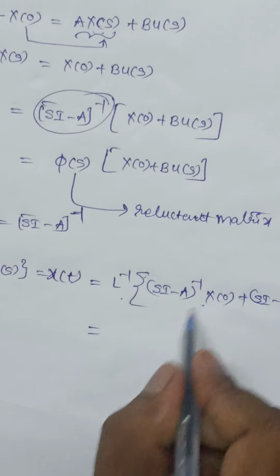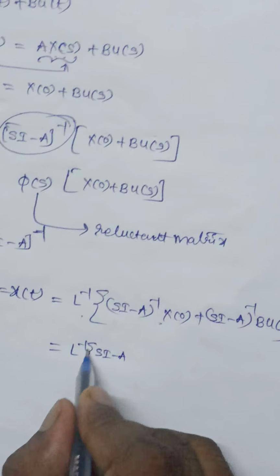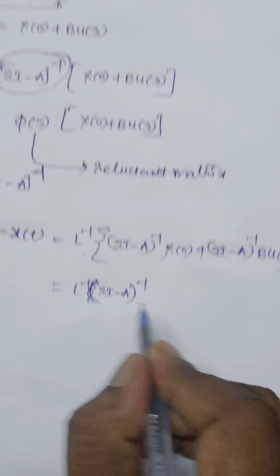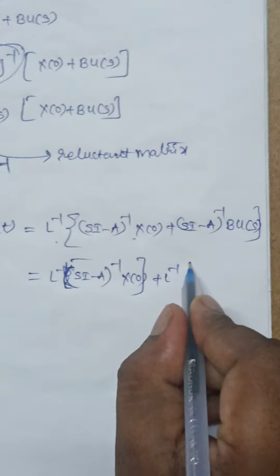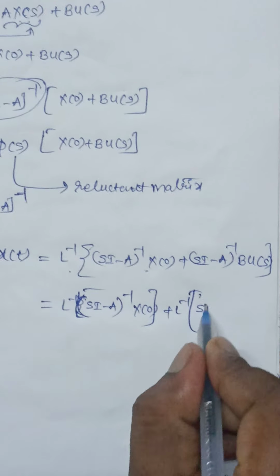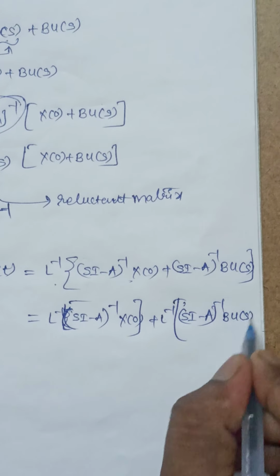So here I can write it as L inverse of (sI minus A) whole to the power of minus 1 into x of 0 plus L inverse of (sI minus A) whole to the power of minus 1 into B U of s.